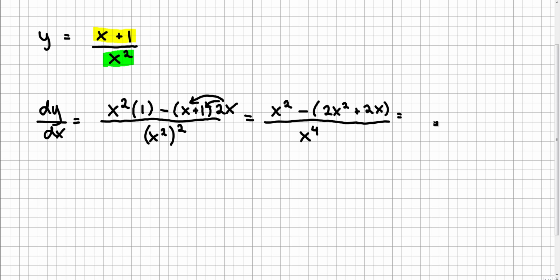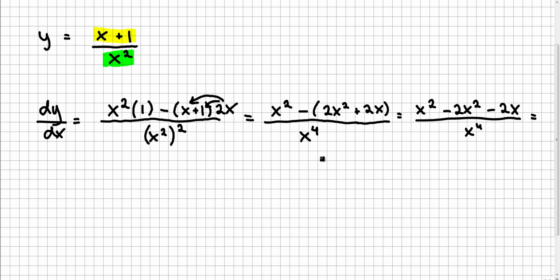Now I'm going to remove the bracket. I have to change the signs in front of all these terms. So plus 2x squared is going to be minus 2x squared. Plus 2x is going to be minus 2x. So x squared minus 2x squared minus 2x over x to the power of 4.